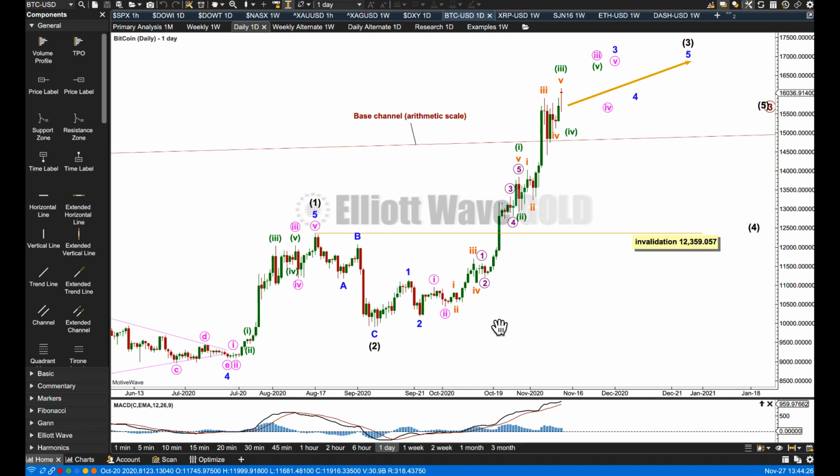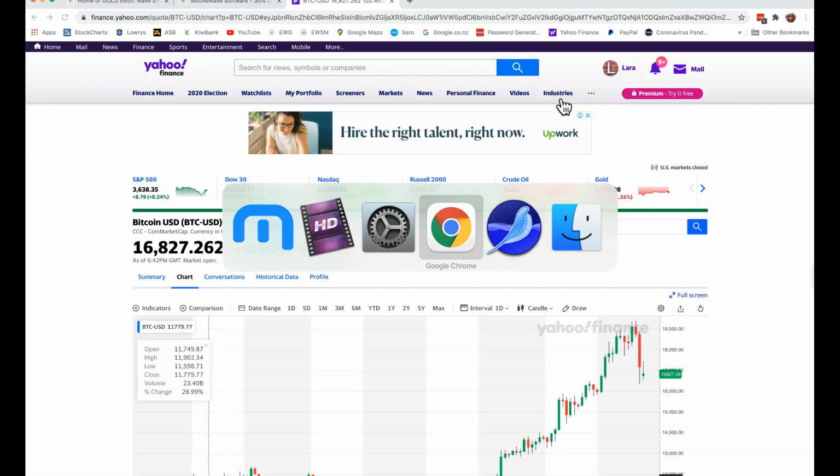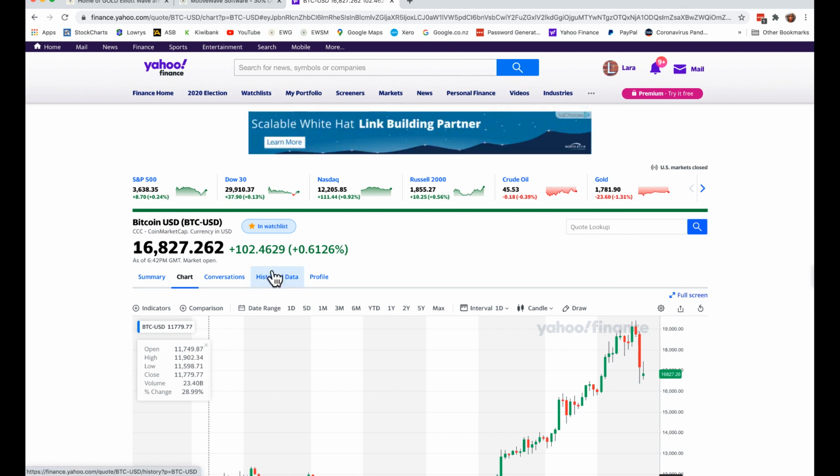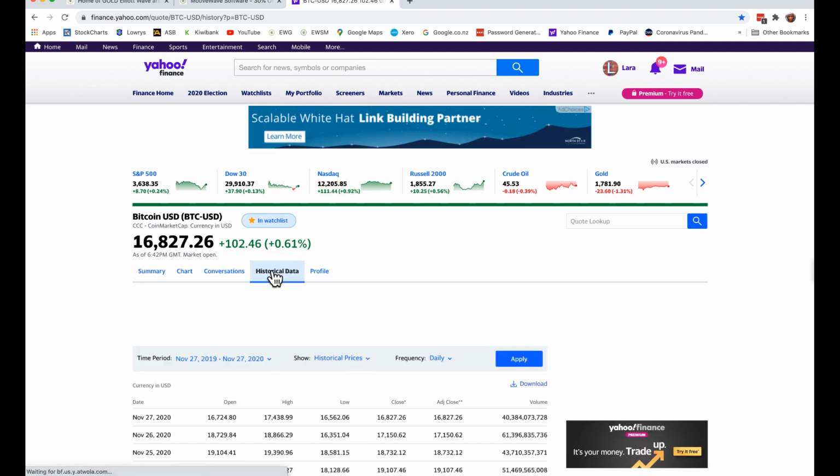So here's my Bitcoin analysis, and I have to import the data because my data feed with bar chart doesn't cover cryptocurrencies. The last candlestick is dated 12th of November. So I'm going to go over to Yahoo Finance and find the right data feed.